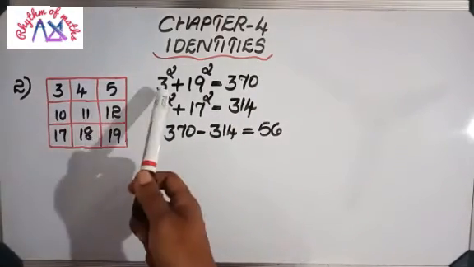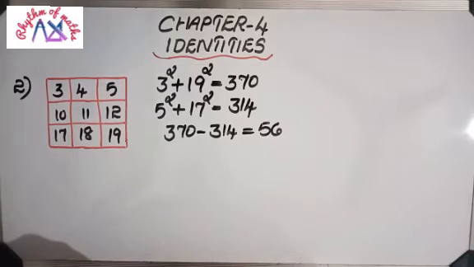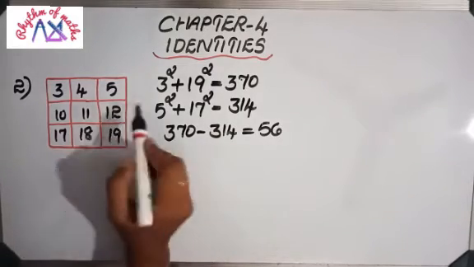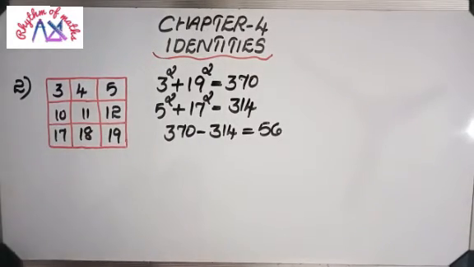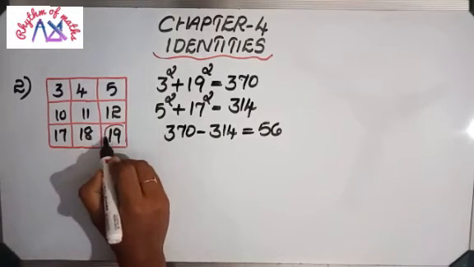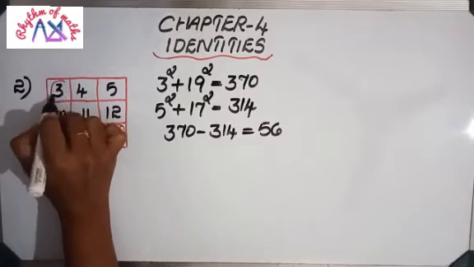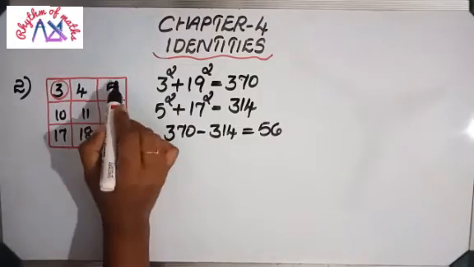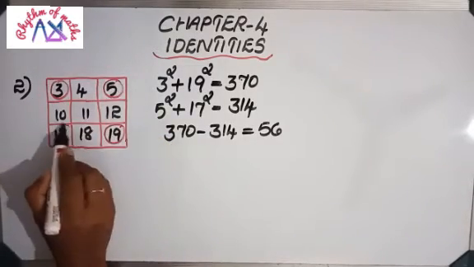That means sum of squares of diagonal. Okay, same like the previous question. Previous it was square of 2. Here it is square of 3. That is the difference. So here the first diagonal numbers are what? First diagonal numbers are 3 and 19. Okay, so this is the first diagonal numbers 3 and 19. Next diagonal numbers are 5 and 17.